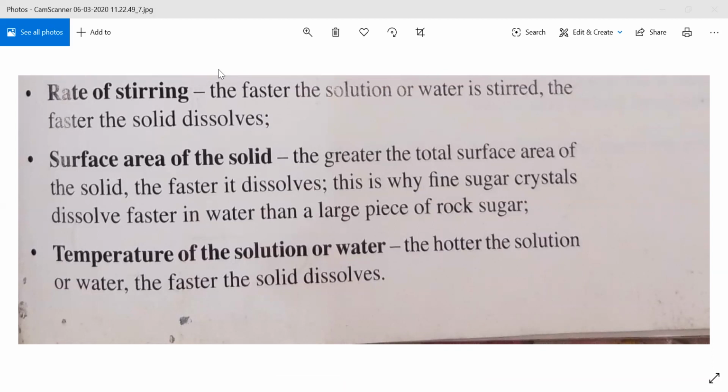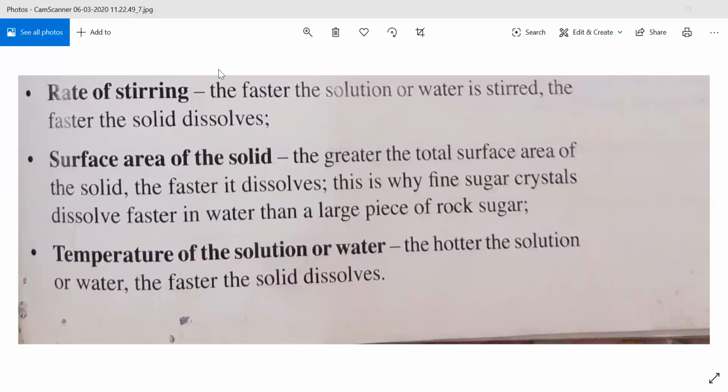The faster the water is stirred, the faster the solid dissolves. We have to stir the mixture quickly. If the rate of stirring is faster, then the solid will dissolve quickly.